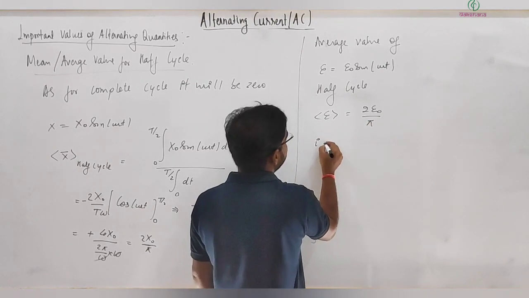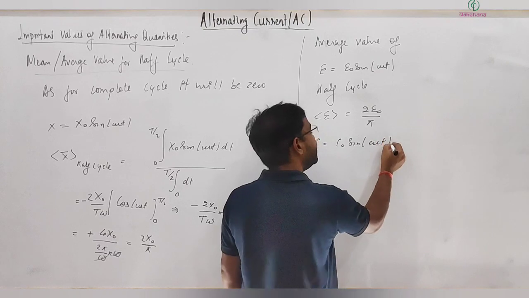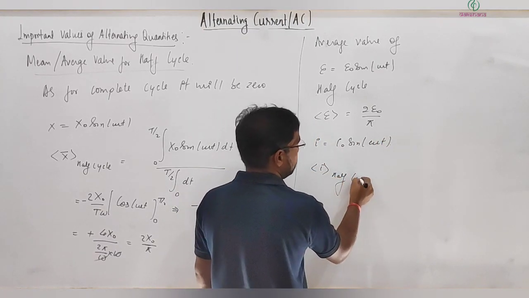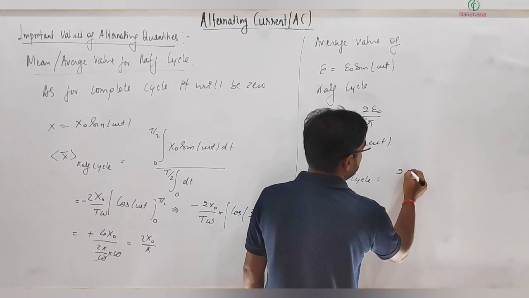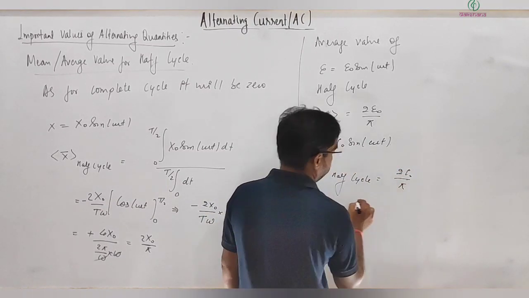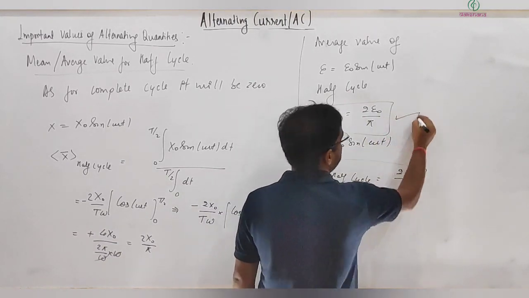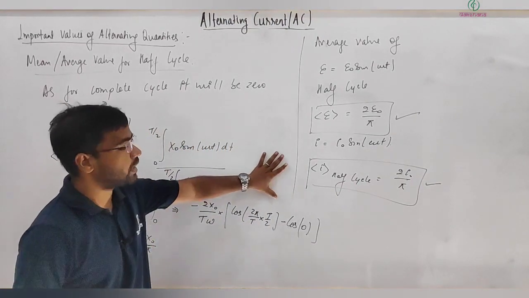Similarly, I equal to I naught sine of omega t, then its average value again for half cycle will be 2 I naught divided by pi. So these are two relations we got. This is called average value. I hope you understand.